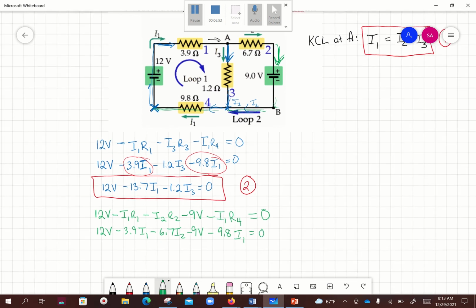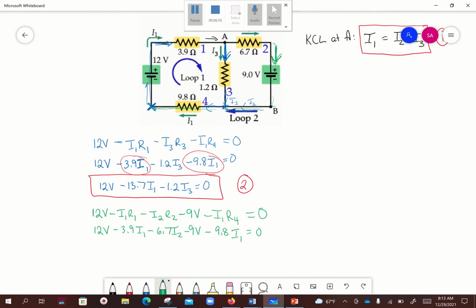And now let's simplify that a bit. I can combine the 12 minus 9 to give me 3 volts. The 3.9 and 9.8 I1, I can do the same thing I did for equation 2. Minus 13.7 I1 minus 6.7 I2 equals 0.